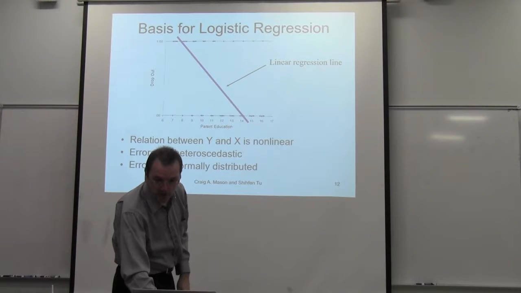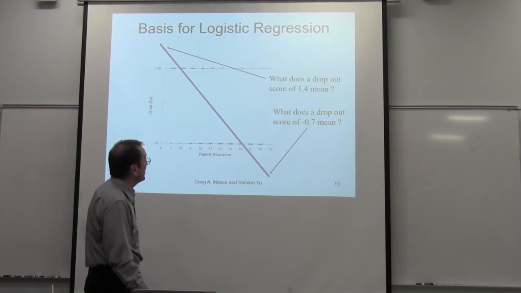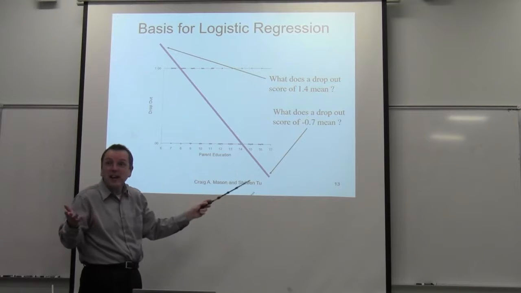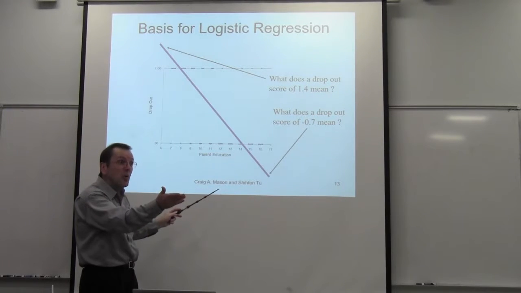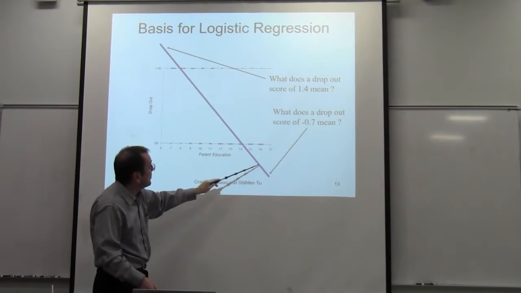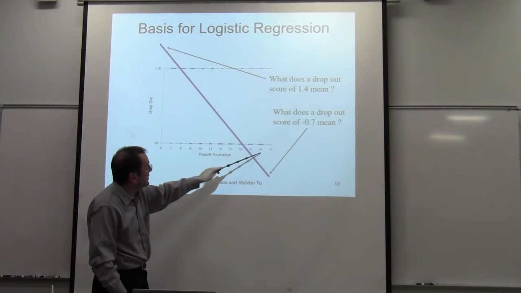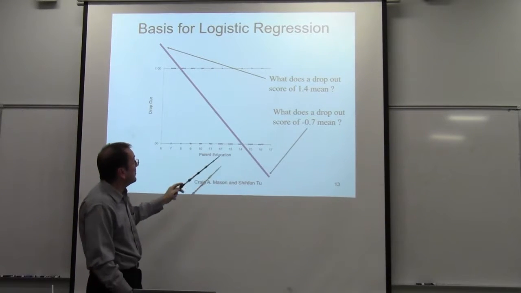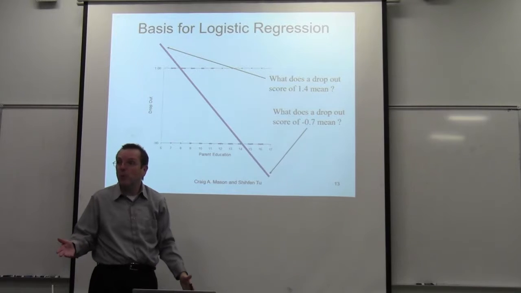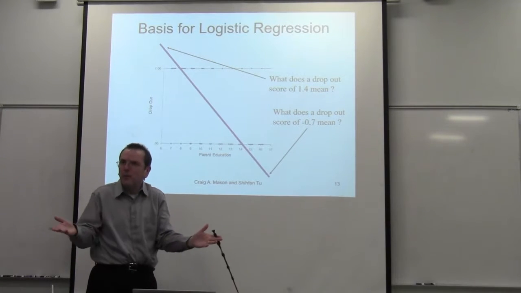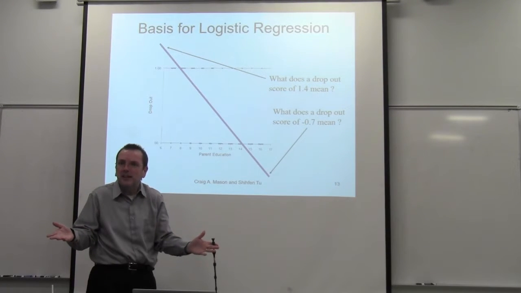Even beyond that, you have a more fundamental question of what the regression line even means. It's our predicted scores, right? Well, what happens if you plug in a predicted score for 16 years and you end up getting a dropout score of negative 0.7? What does a negative 0.7 mean?